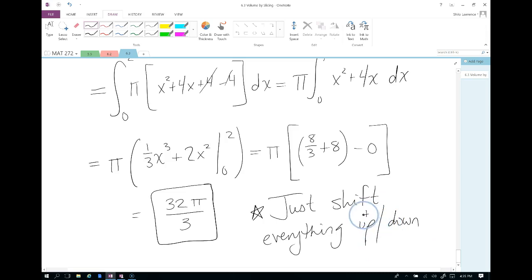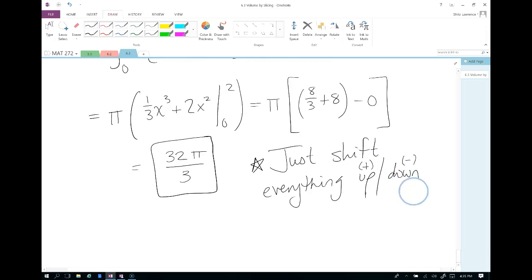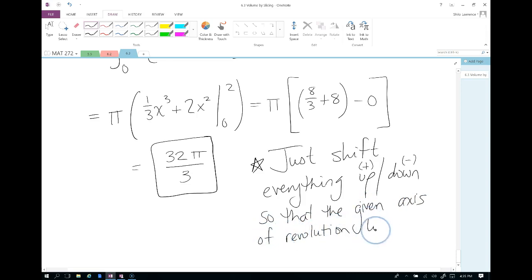Up is plus, down is subtraction. And that's so that the given axis of revolution lines up with the x-axis. And we do that before we do anything else.